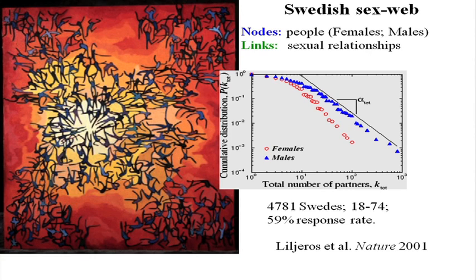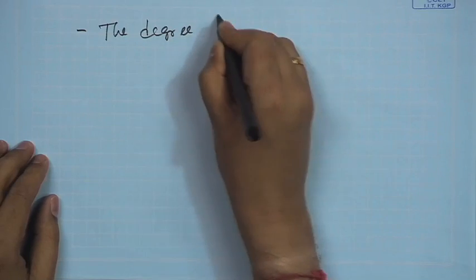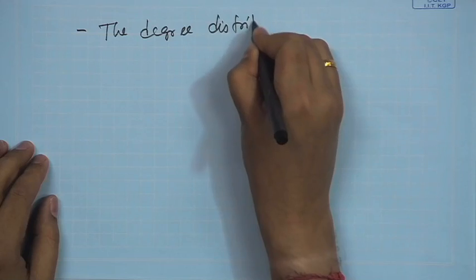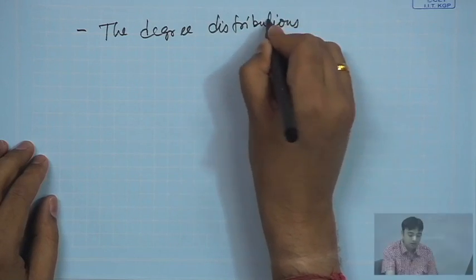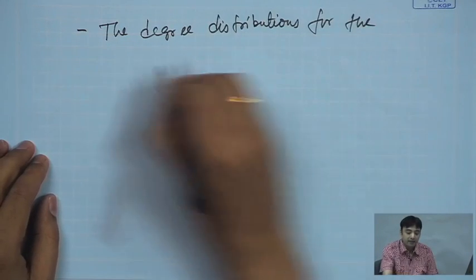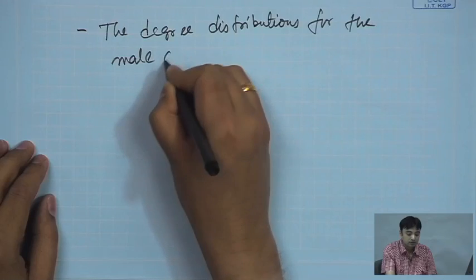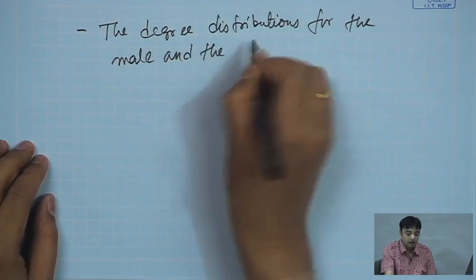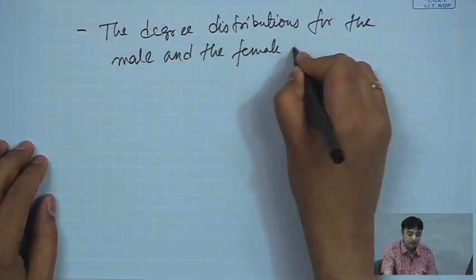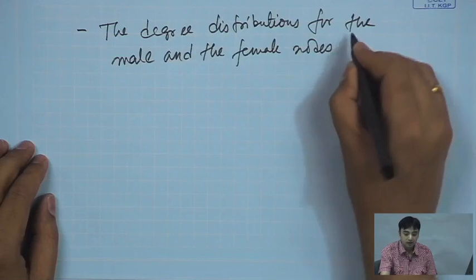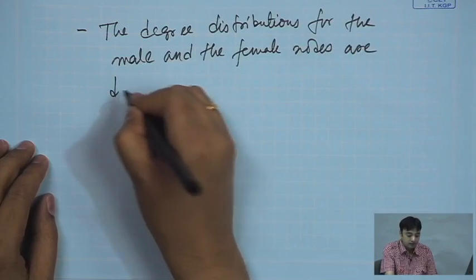One interesting observation is that the degree distributions for the male and the female nodes are different.